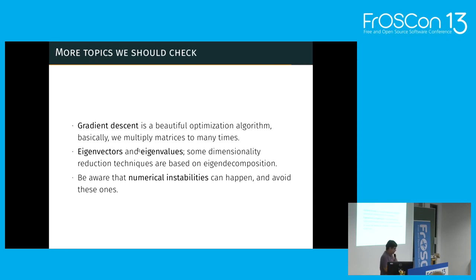Another important linear algebra concept in data science is eigenvectors and eigenvalues, which is the base of dimensionality reduction. Also, because sometimes we are using very small numbers or very huge numbers, we should be aware of numerical instabilities.